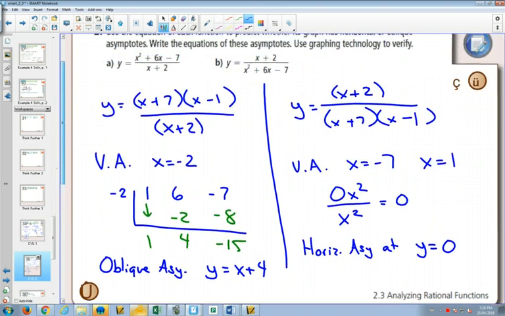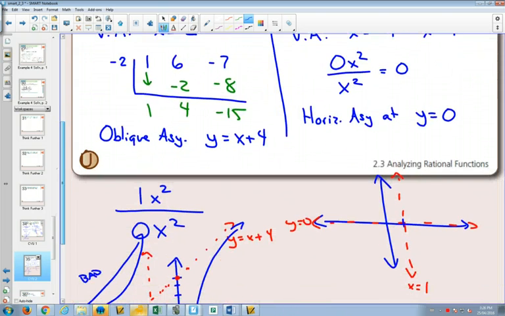So if I plug in a value like 0, can you see that this is going to be 2 over -7? So as far as that goes on our graph, yes, another asymptote at -7.